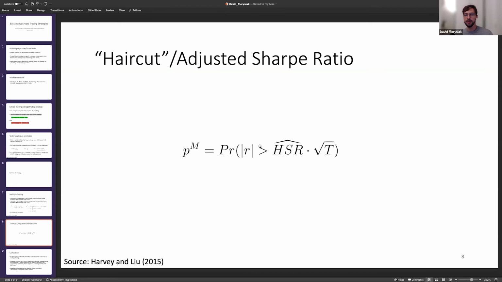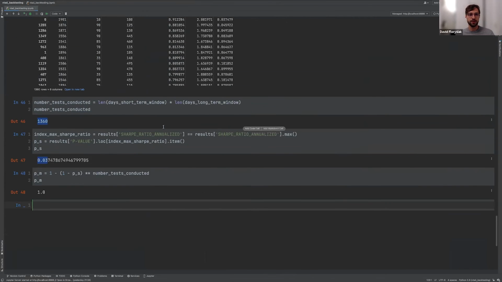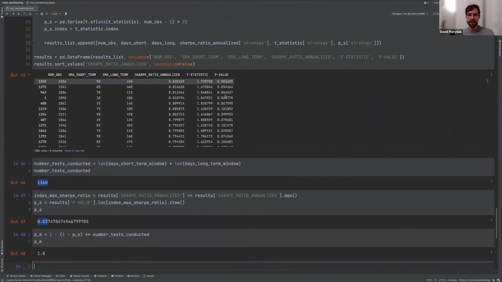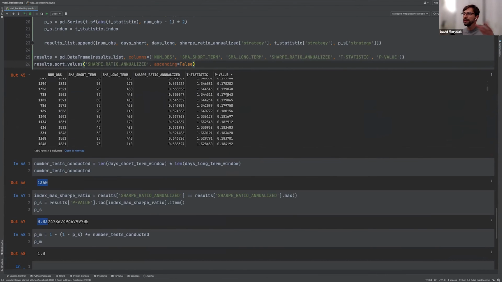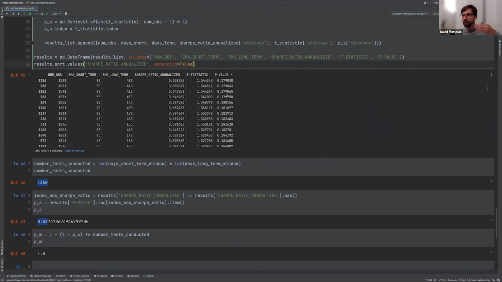This is very simple. Let me illustrate this to you. Because we have this p-value column here, let's say, what would be the resulting Sharpe ratio if we actually had a p-value of 1, so 100%? Let me scroll down.